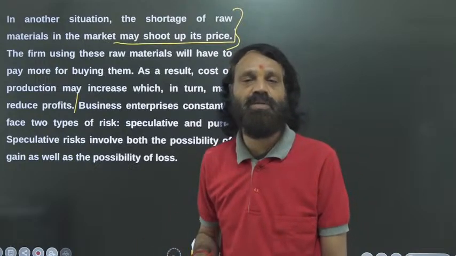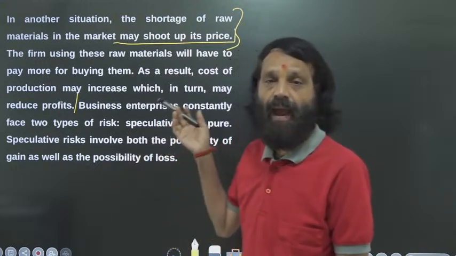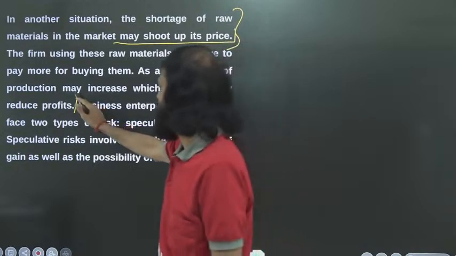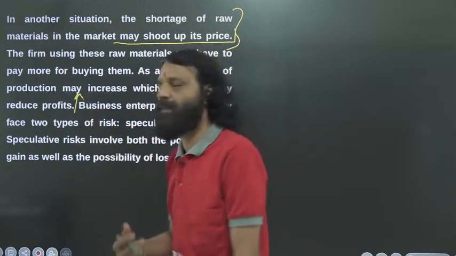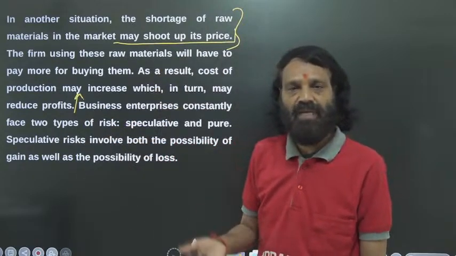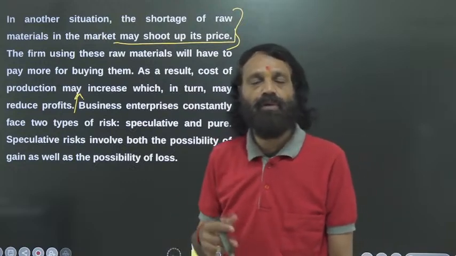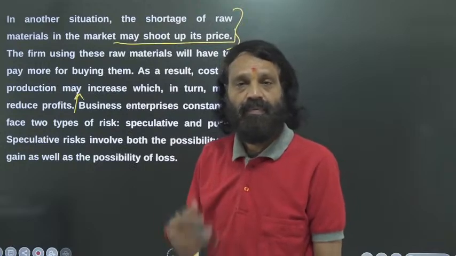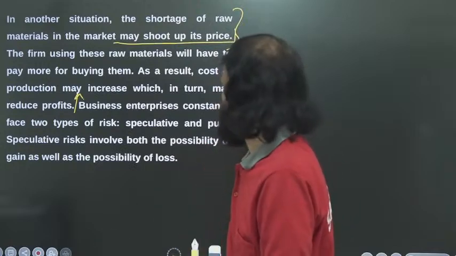In such a situation, the price will go up and the profits will go down, because when the price is very high, what will happen? People may not buy your product.